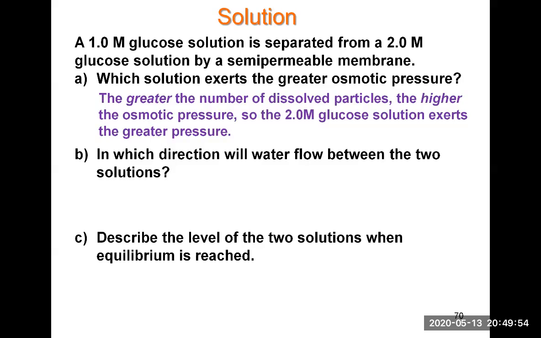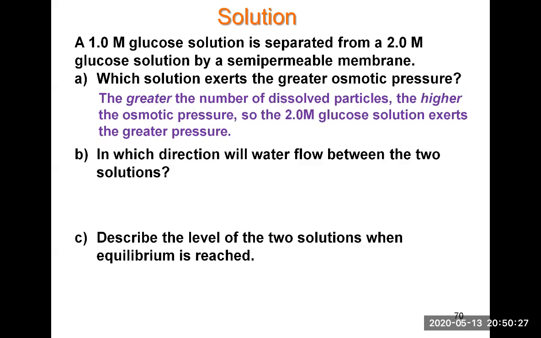So then in which direction will water flow between the two solutions? If the 1 molar is less concentrated than the 2 molar solution, and if the glucose itself cannot move across the semi-permeable membrane, then the water will move to try to compensate for the difference of concentration, and water goes from the low solute concentration to the high solute concentration.